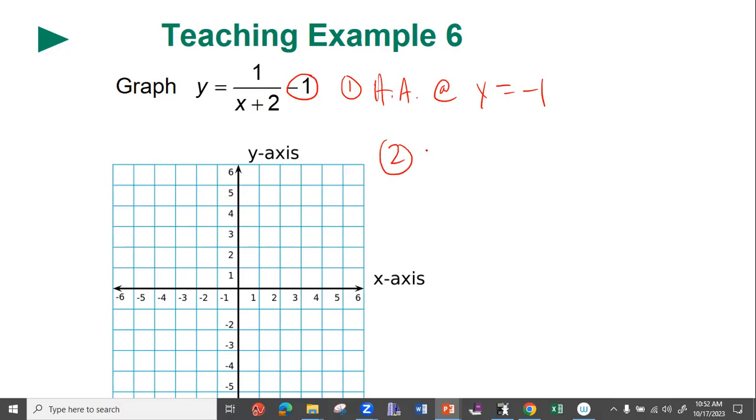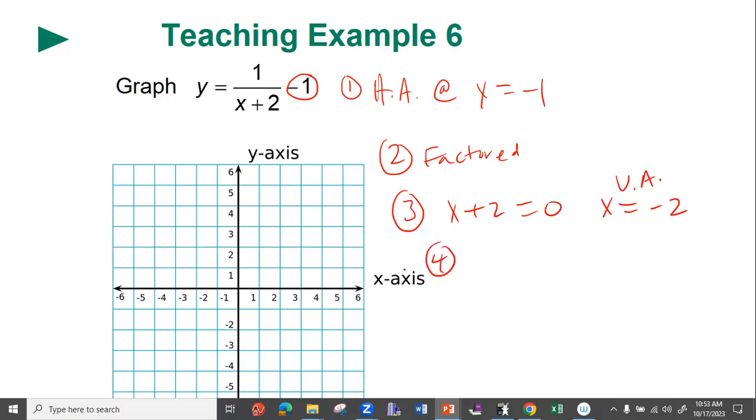Okay, step 2, it's already fully factored. Step 3 is you're now going to focus on your denominator. x plus 2 equals 0. So where's your vertical asymptote at? -2. Step 4 is now to plot all you have. So we're at -1. We're at -2. Done. Step 5 is to choose points to the left and to the right of your asymptote.